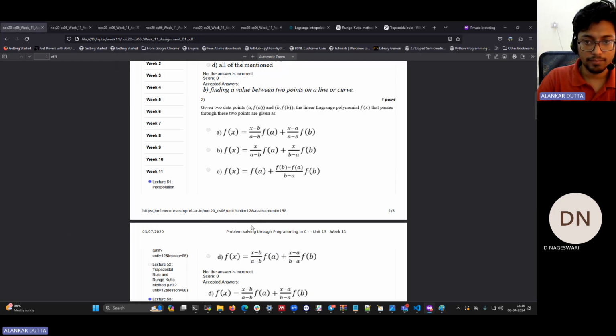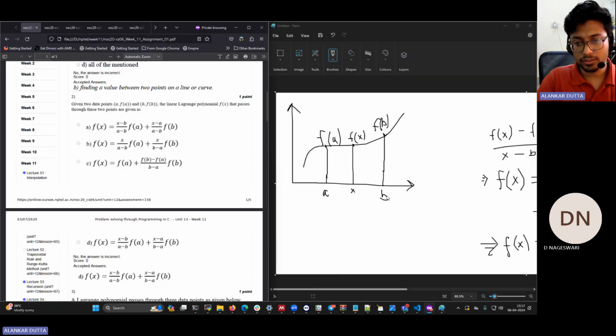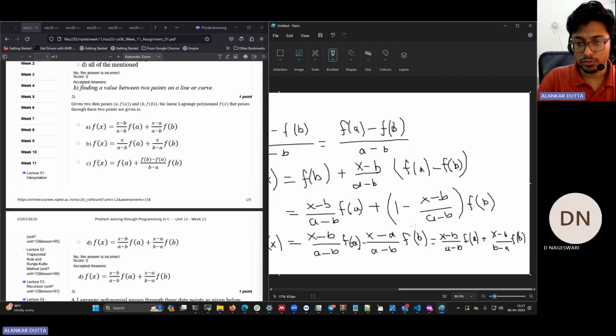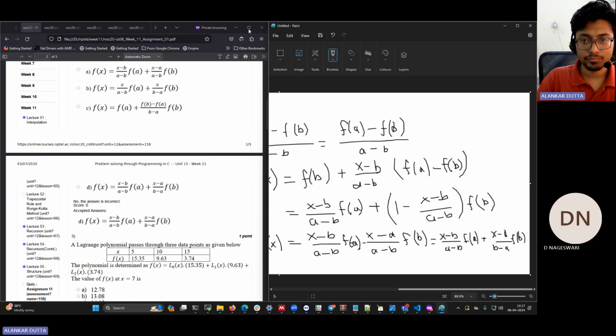Let me get this so it becomes easy to follow. So you see f(x) equals (x minus b) by (a minus b) times f(a) plus (x minus a) by (b minus a) times f(b). So that's the idea. Excuse me for my very bad handwriting, but I hope you can follow what I was saying in here.